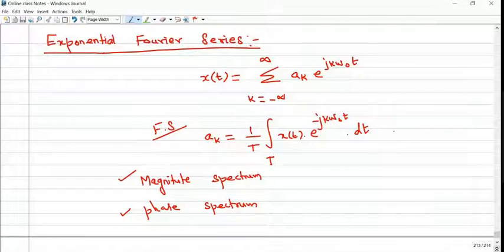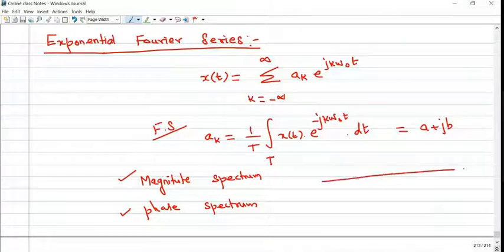Okay. So after finding ak, your result will be in the form of a complex number, A plus jB format. So the magnitude spectrum represents k versus modulus of ak, for each and every value of k, root of A square plus B square.